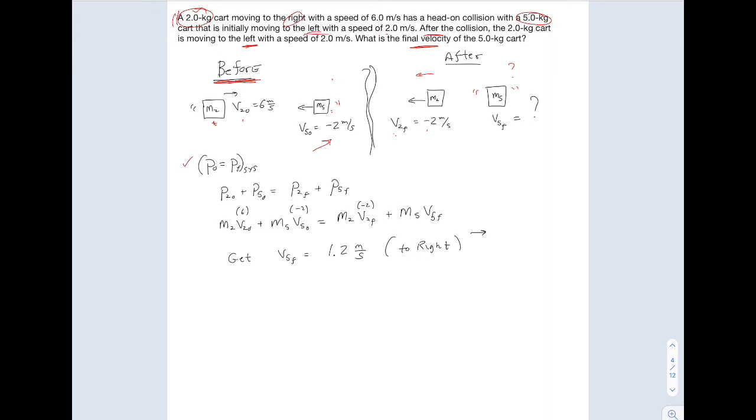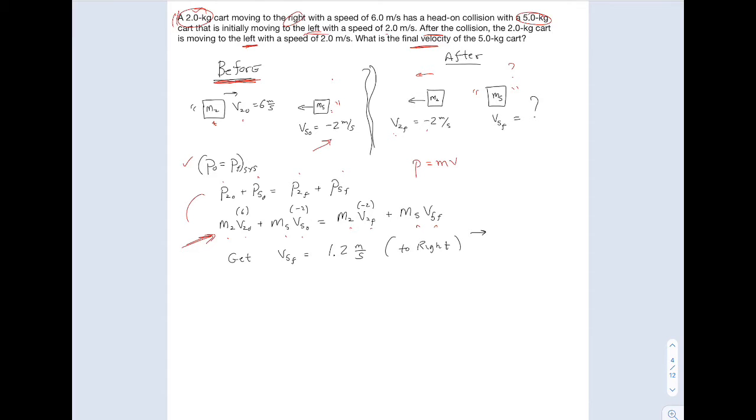Okay, so we conserve momentum for the system. I wrote P2 initial plus P5 initial equals P2 final plus P5 final. And remember, momentum is mv, so for each of these terms I wrote mv. Obviously here I never have to look back up at the problem.